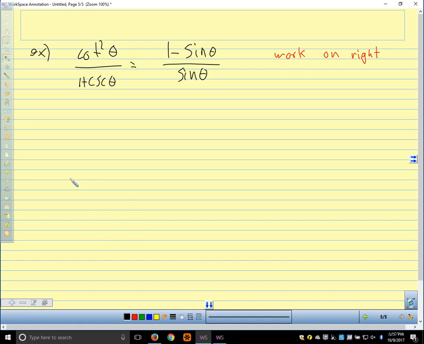So I'm going to say 1 minus sine theta over sine theta. I'm going to split this into two fractions because I have a common denominator. So that's 1 over sine theta minus sine theta over sine theta. So I get 1 over sine theta minus 1.